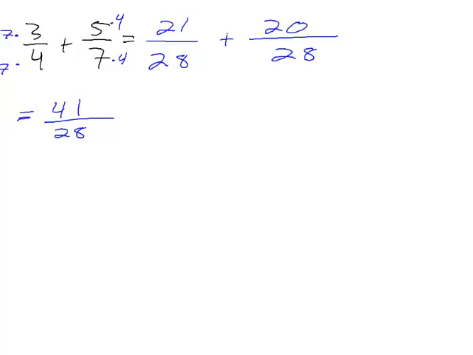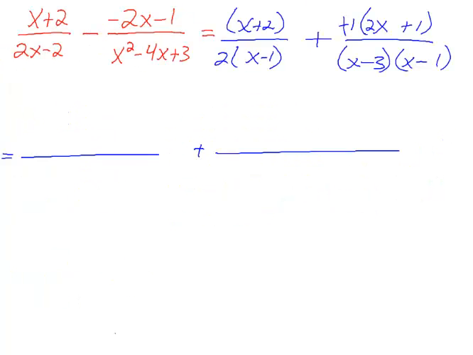And then I have to take the 7 on the right, multiply it by some other number, but get the same result. So I went 4 times 7 because those are factored, right? So if we come over here, I have a 2 as one piece, and I have an x minus 1 already on the left. Okay, what do I have on the right? x minus 3 and an x minus 1.